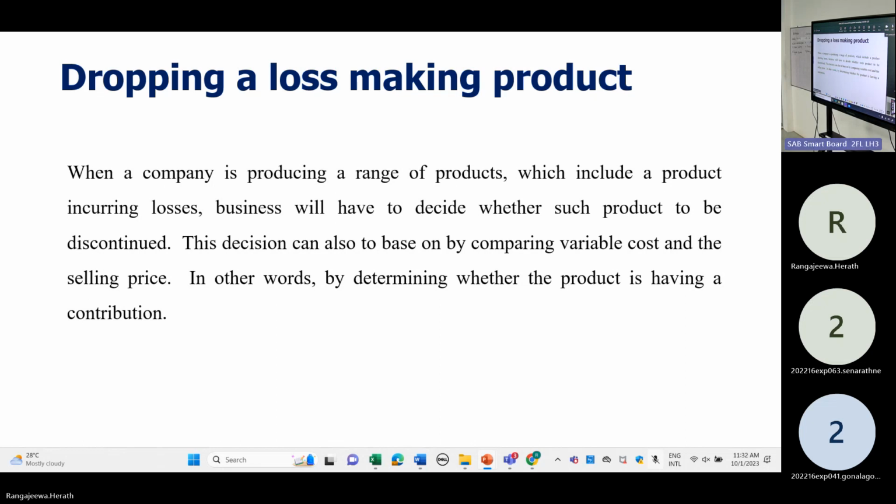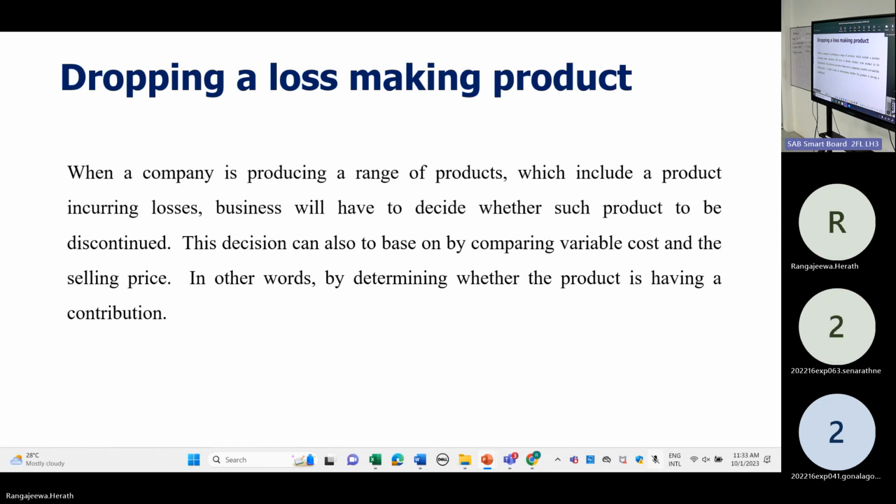You need not renew the lease of that building, so you can save 100,000. That is the avoidable fixed cost by dropping the product. So that should be taken into consideration when you are deciding whether that product should be dropped or not.